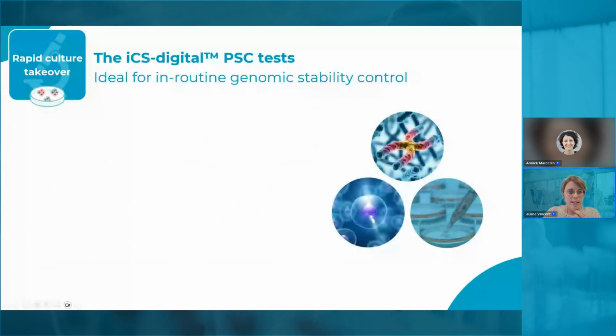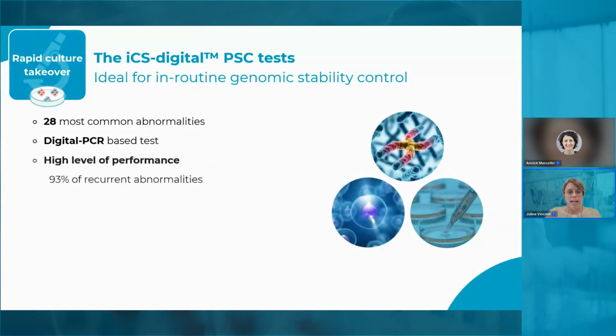The first one, the ICS Digital, was developed to detect abnormalities as soon as possible and before they take over the culture. It detects the 28 most recurrent abnormalities with digital PCR. The sensitivity and high precision of this method make it possible to cover 93% of recurrent variants.